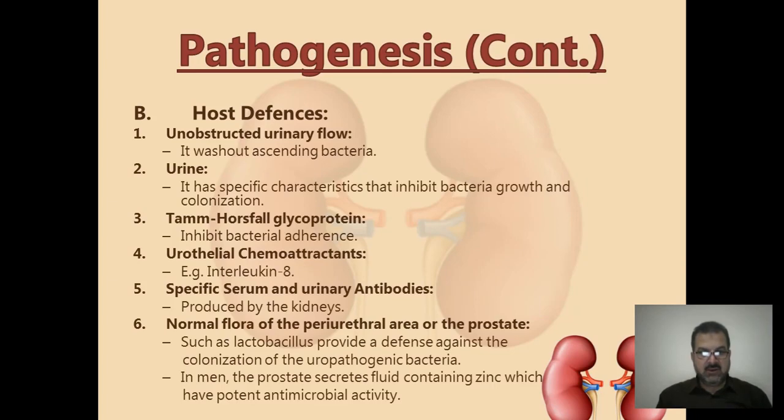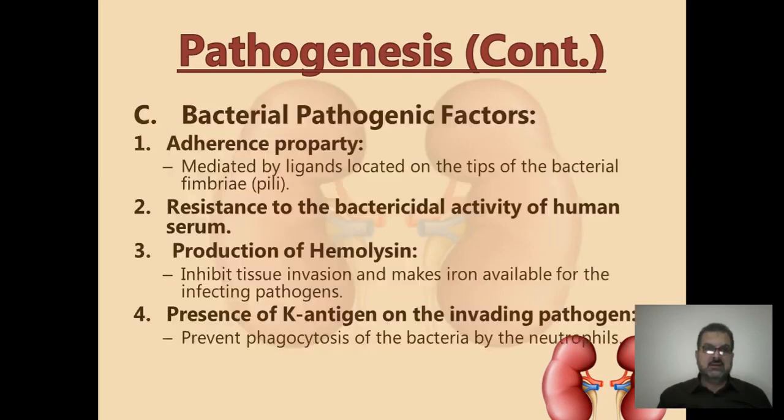There is normal flora of the periurethral area or prostate, like lactobacillus, which also provides defense against colonization of the bacteria. The zinc found in the prostatic secretion also functions as an antimicrobial agent.